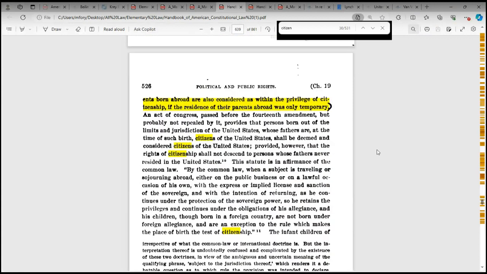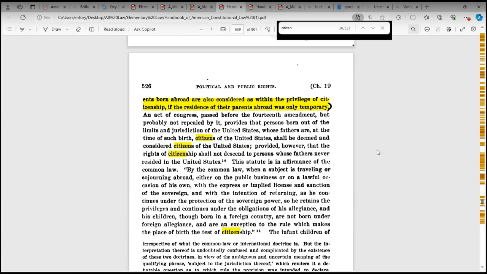An act of Congress passed before the 14th Amendment, but probably not repealed by it, provides that persons born out of the limits of the jurisdiction of the United States whose fathers are, at the time of such birth, citizens of the United States shall be deemed and considered citizens of the United States. Now, you guys should know the 14th Amendment doesn't apply to that.